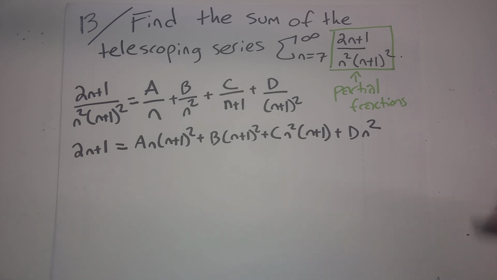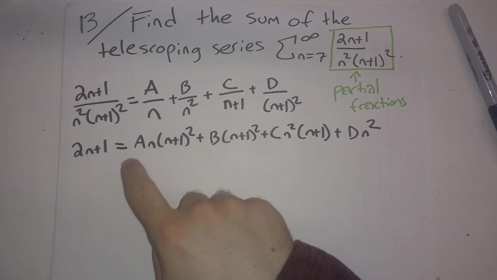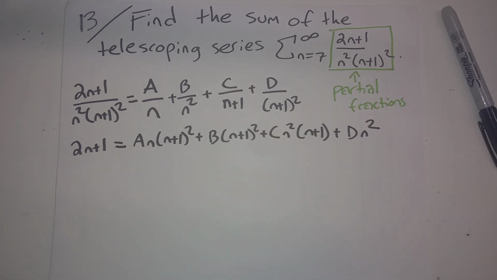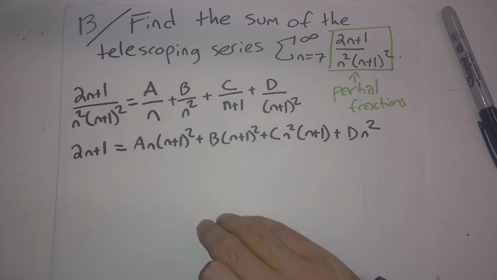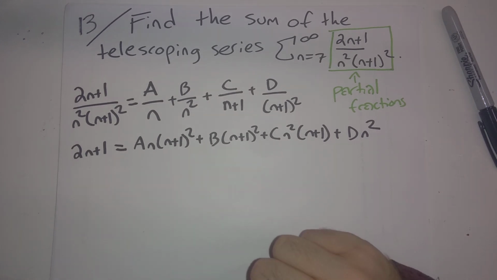And that's what we get when we clear out the denominators. Our goal is to figure out A, B, C, and D. There are several different ways to do this. I'm going to start off by plugging in appropriate values of n to solve for a couple of the constants very quickly.